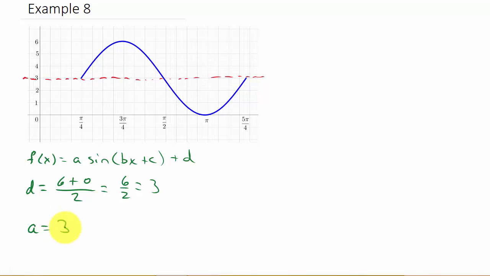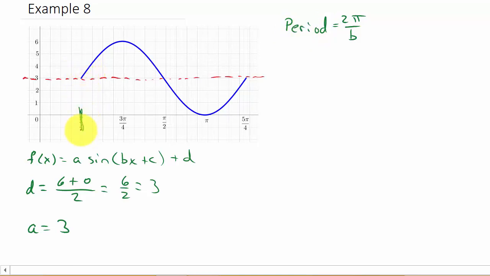Okay. Well, let's look at b. We know that the period is equal to 2 pi over b. So what we need is the length of the period. Okay, let's get the length of the period. Well, that's the distance from this pi over 4 to this 5 pi over 4.